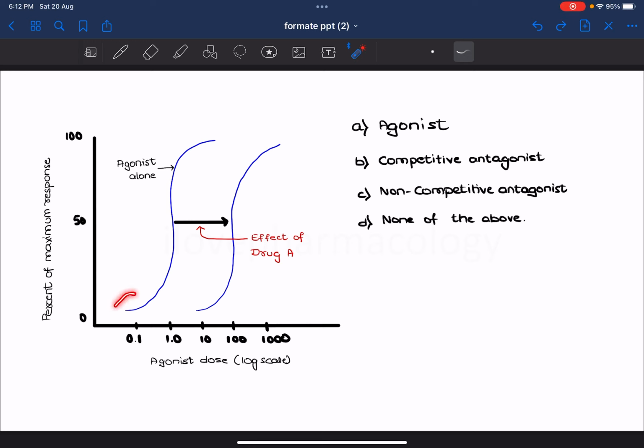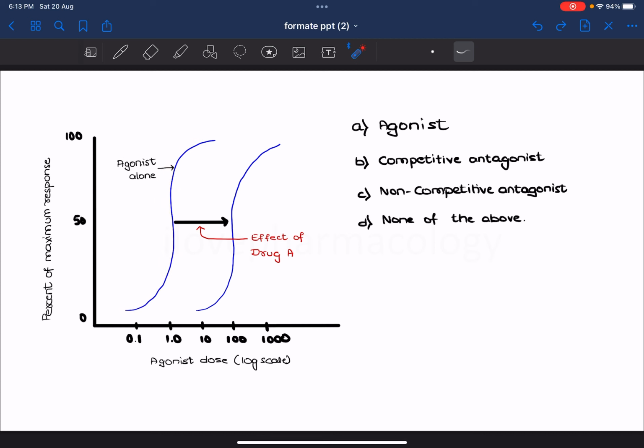So here there is a response which you can make out at 0.1 dose, whereas here you need to increase the dose to more than 10 times the initial dose to get a similar response. So dose has increased but efficacy remains the same. So whenever the agonist is given alone, you are going to see the response. This is called the dose response curve.